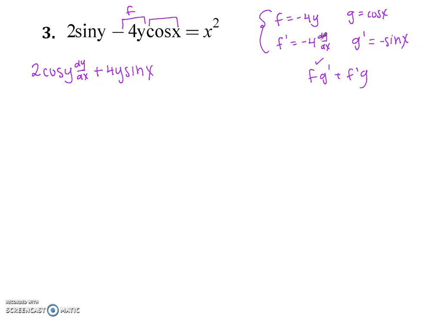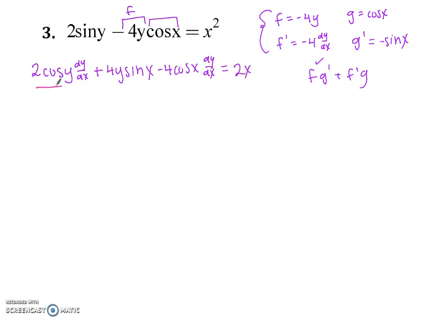Then we're going to do plus f prime times g, so that's negative 4 times cosine, so that'll be minus 4 cosine of x, and then I always just tack the dy/dx onto the end. Okay, so then that's this term, and now we have to do the derivative of x squared, which is 2x.